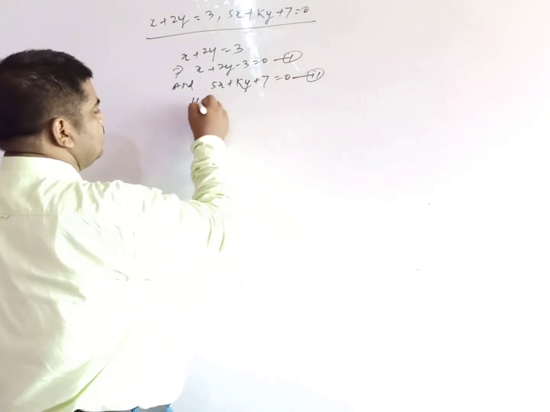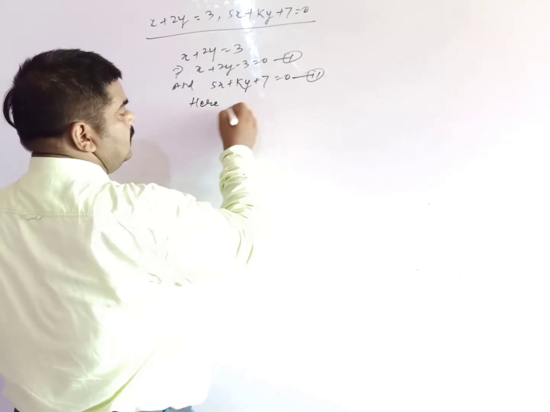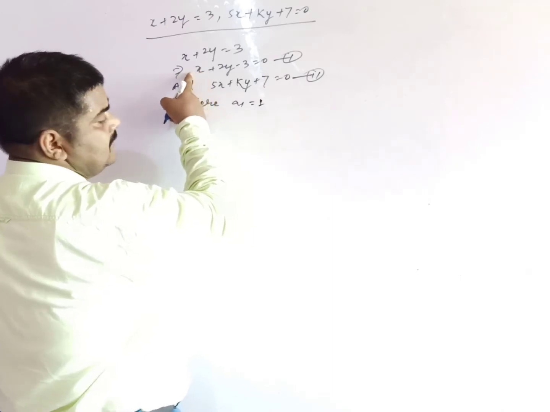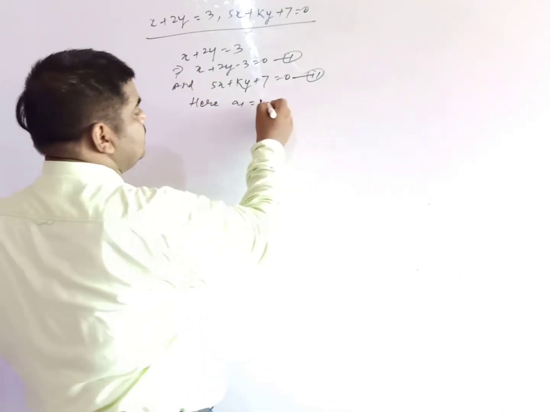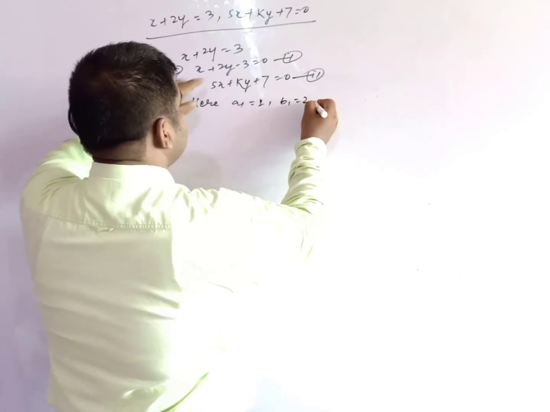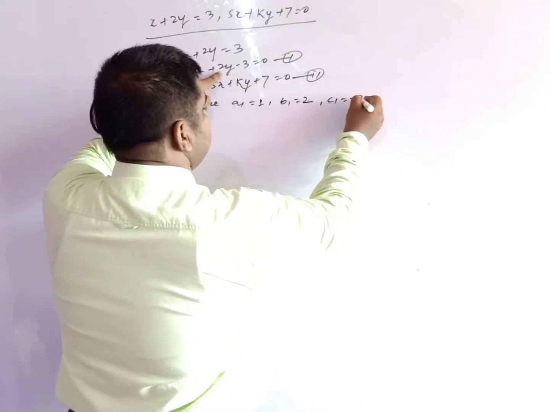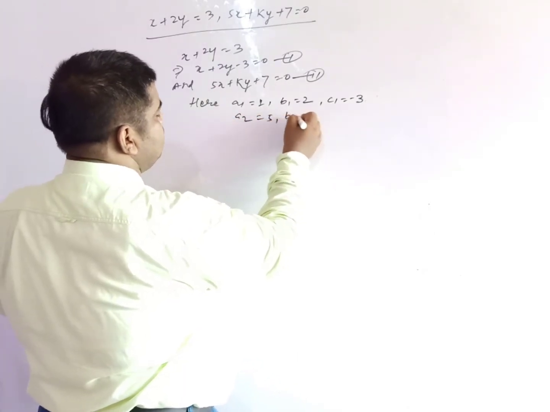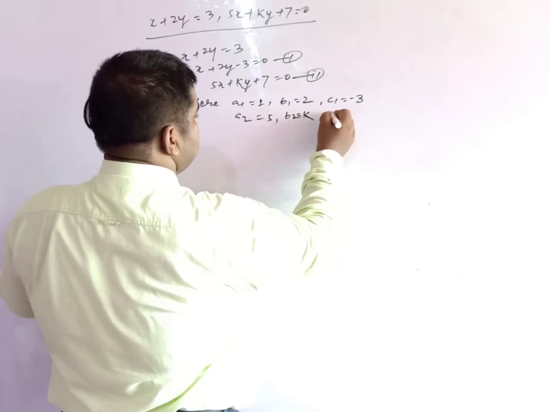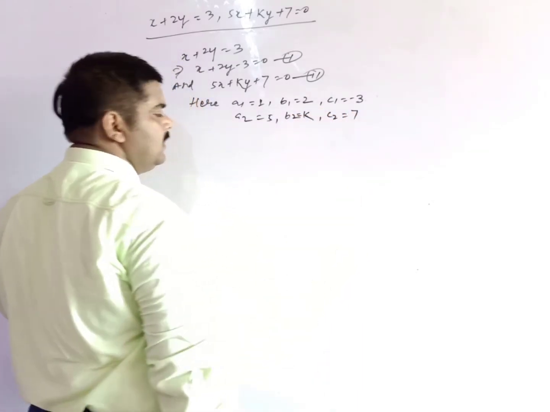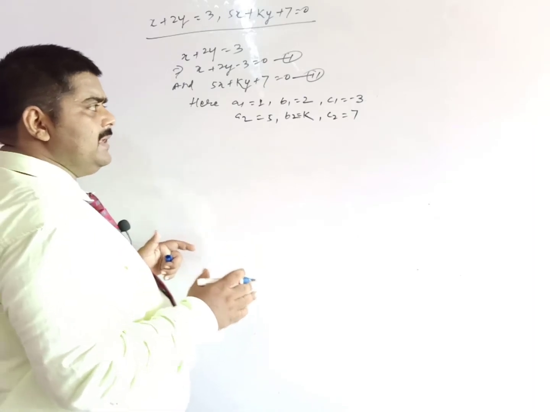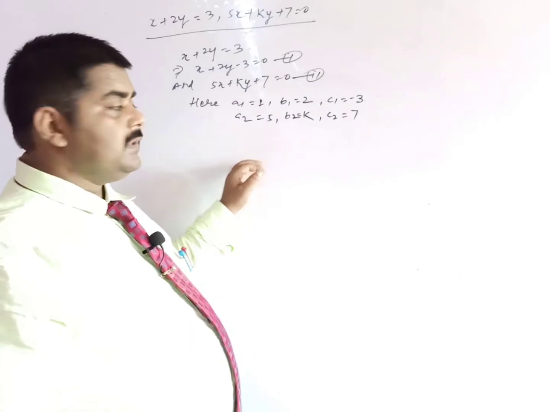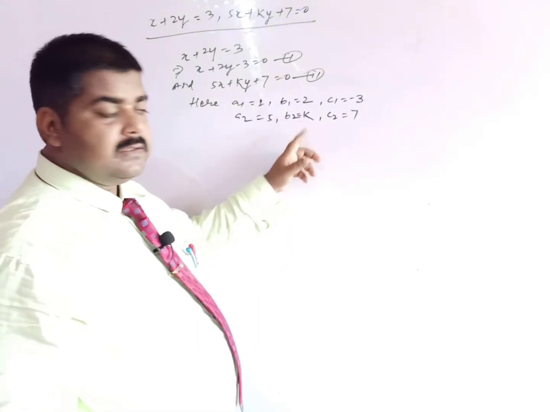Here the value of a1 is equal to 1 because the coefficient of x in the first equation is 1, b1 is equal to 2, c1 is equal to minus 3, a2 is equal to 5, b2 has been given as k, and c2 has been given as 7. It has been given in the question that the system of equations has a unique solution. Then you need to find the value of k.